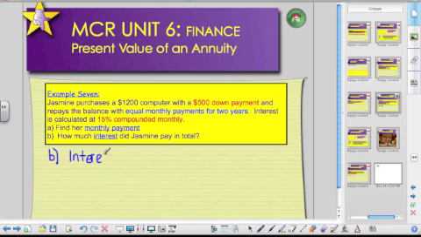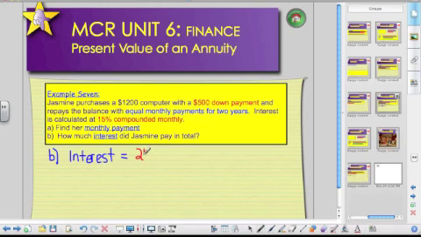What we do know is that the final value is going to be equivalent to 24 payments. The reason I'm throwing out that number 24 is because I have compounded monthly for 2 years. So that means 12 payments in the first year and 12 payments in the second year, making a total of 24 payments.